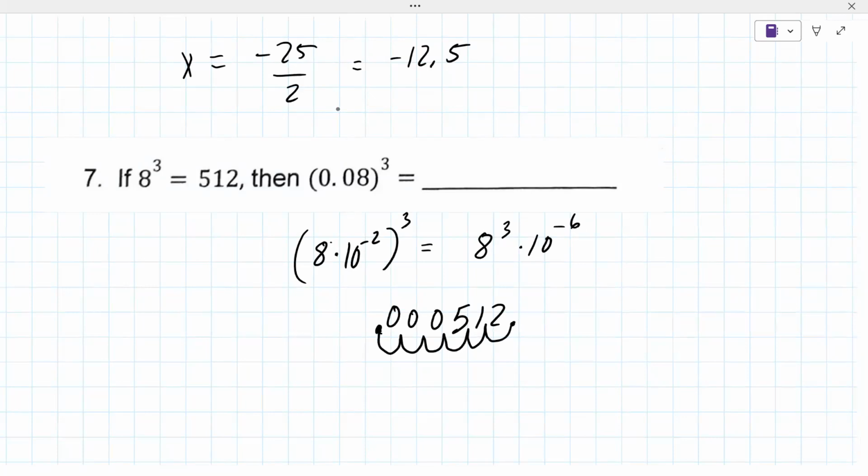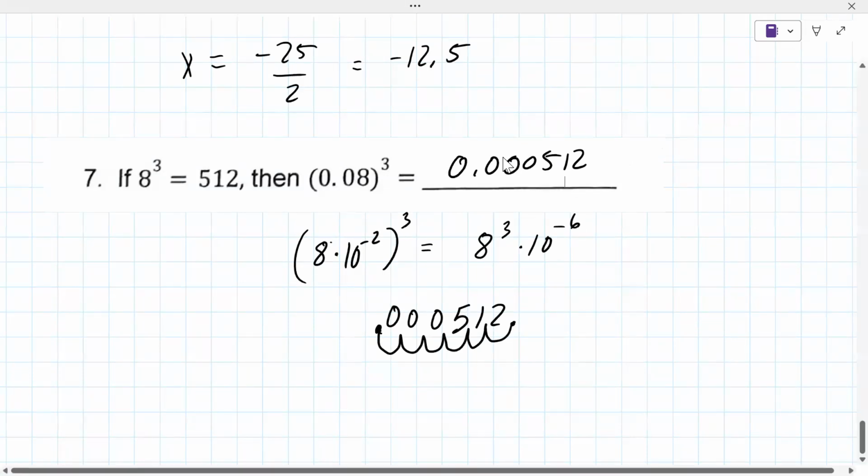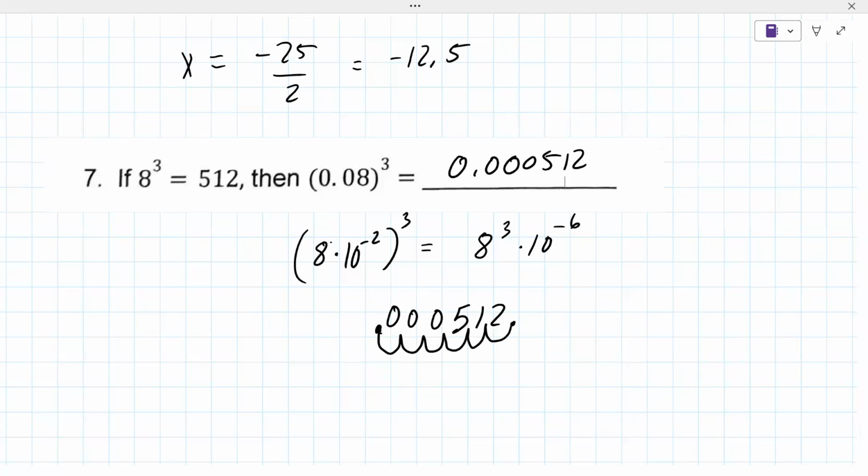So 0.00052. You actually see this on dental admission tests. It's not really difficult, but you have to be paying attention or you can easily get the wrong answer.